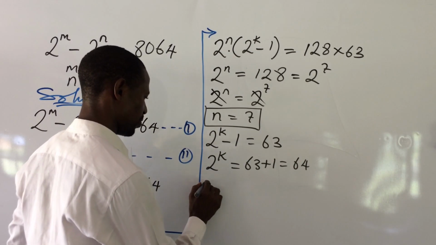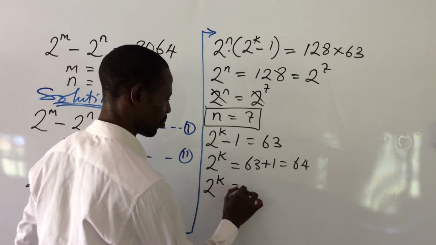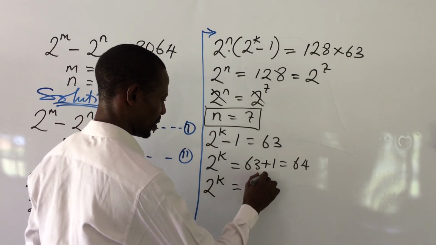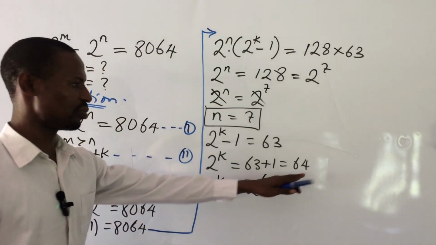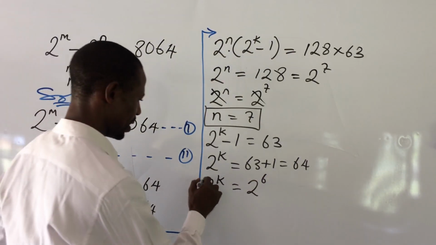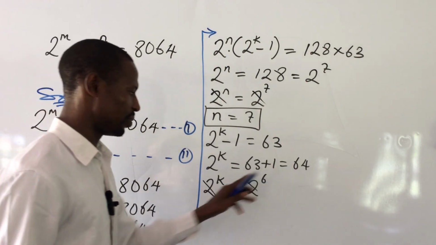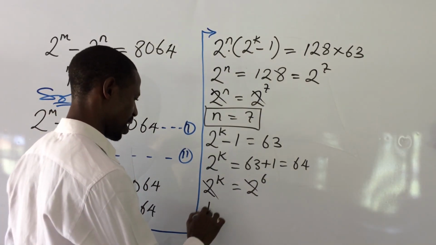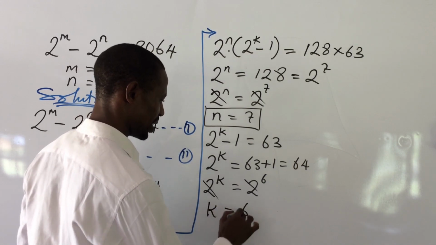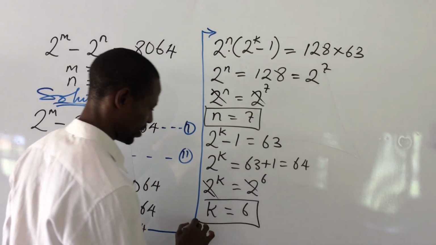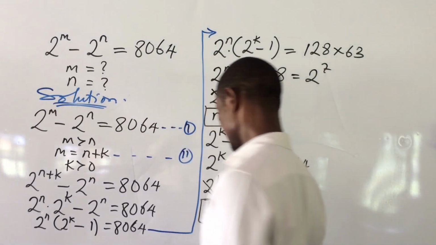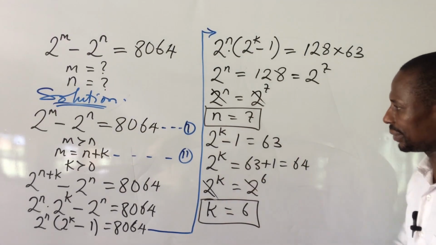So this will give us 2 to the power of k equals 2 to the power of 6, because 2 to the power of 6 gives us 64. Again, this base will take care of this base. According to the law of indices, we can now equate the exponents. So we have k equals 6. So we've gotten the values for our k and n.